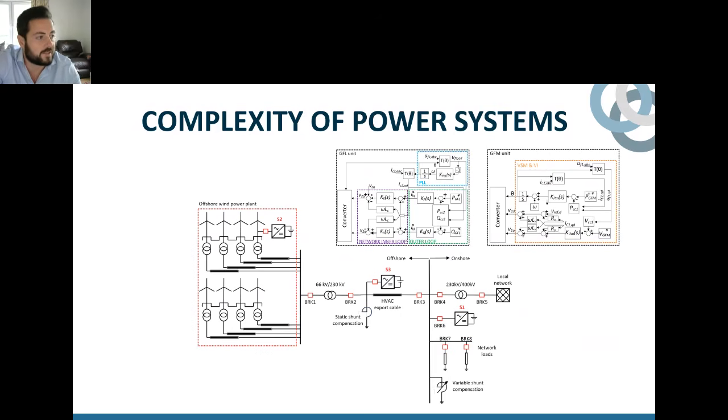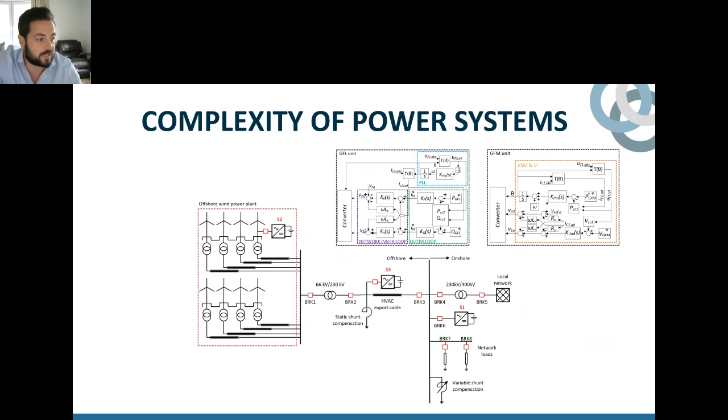And while they are designed to stabilize the plant, in this case the offshore wind power plant and all the transmission system up to the electrical network, their interactions with the network can cause somewhat harmful phenomena in the network.